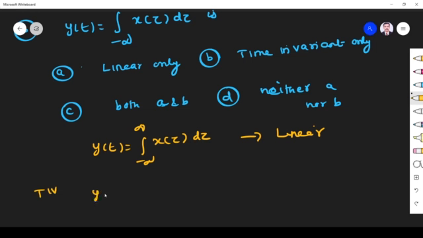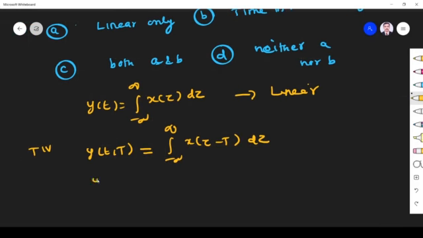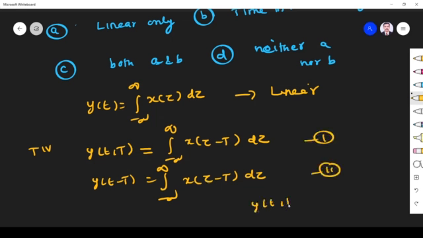So first I find shifting in the input, so it will be x of tau minus t d tau. Next, shift output, y of t minus T. Wherever you find t, you replace it. So x of tau minus T d tau. So what is the thing? This is 1, this is 2. Y of t comma tau is equal to y of t minus tau. So it is time invariant.